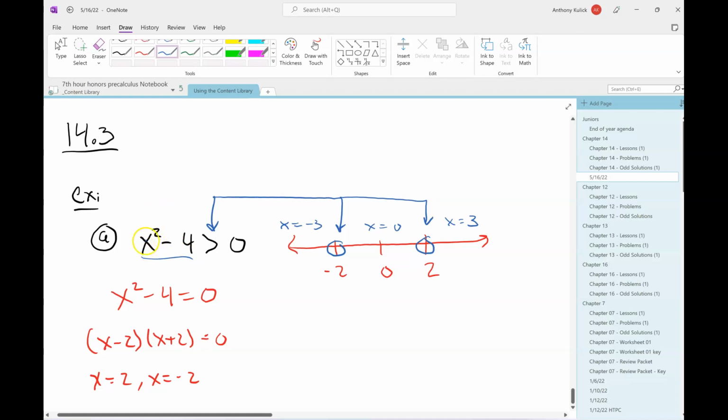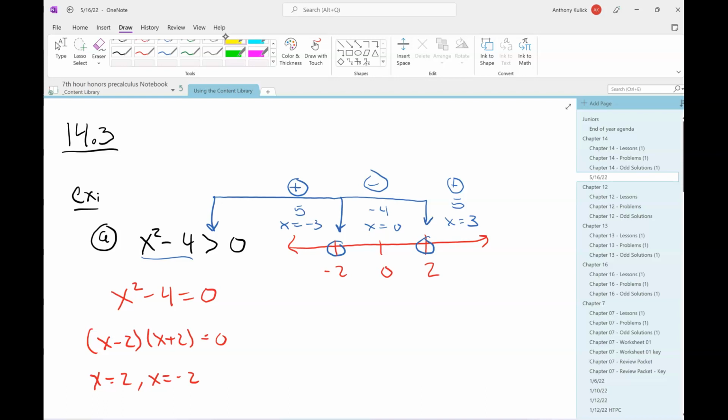So -3 squared is 9, minus 4 is 5. I don't really care about what it's equal to. All I really care is whether it's positive or negative. If I plug 0 in, 0 squared minus 4 is -4. Negative. If I plug 3 in, I get 5 again. That's positive.